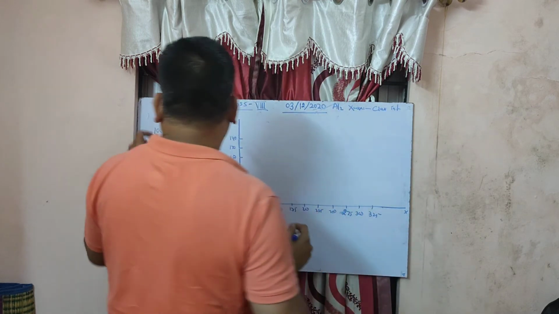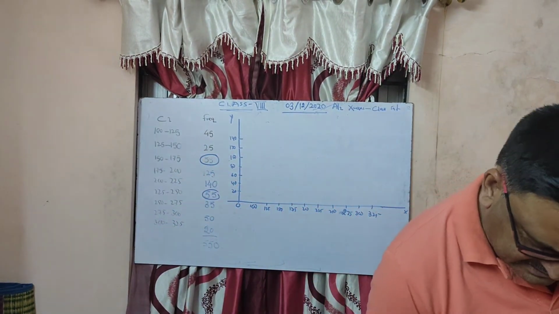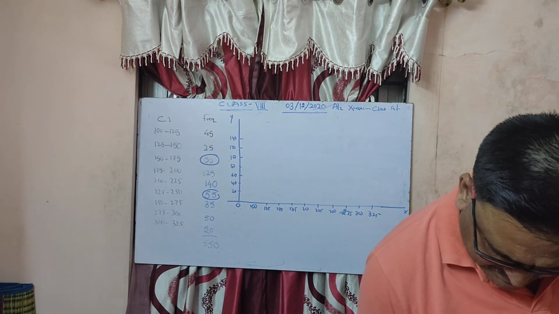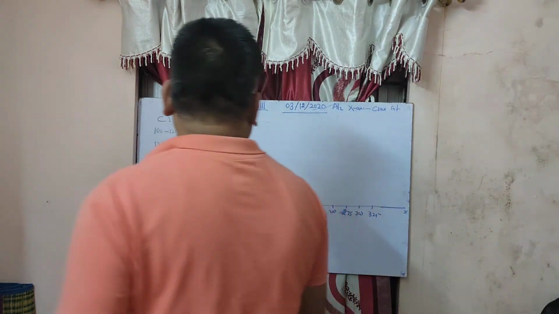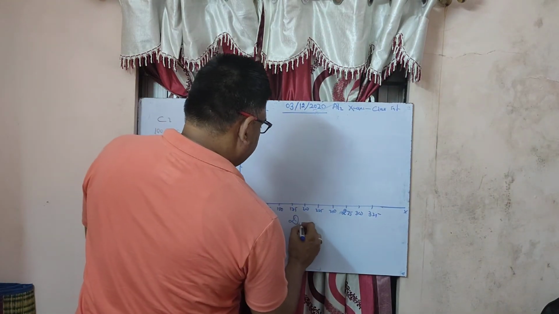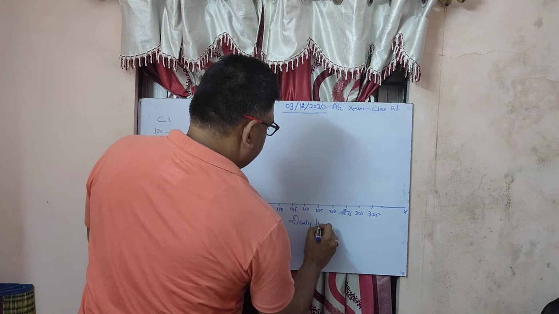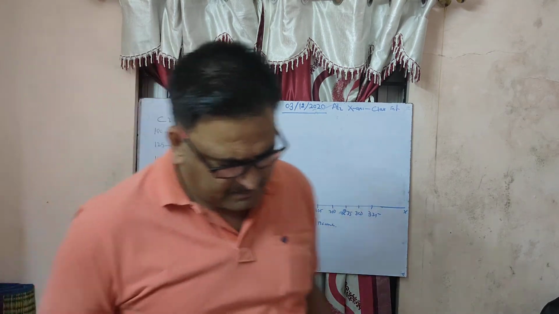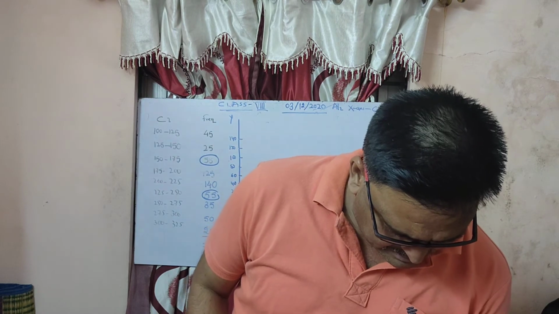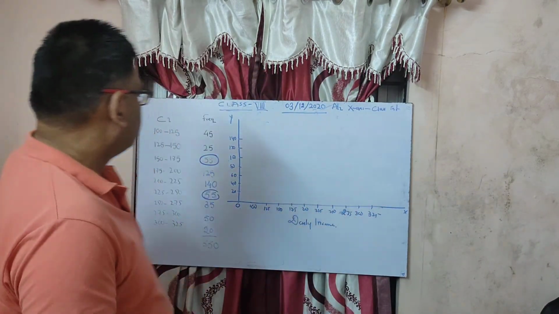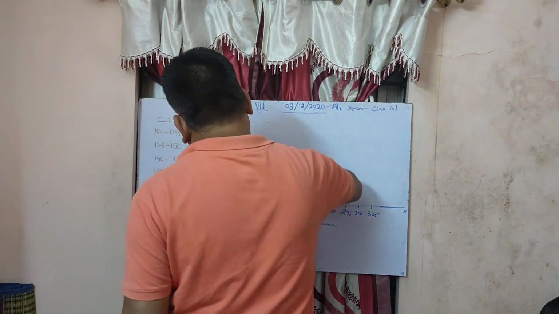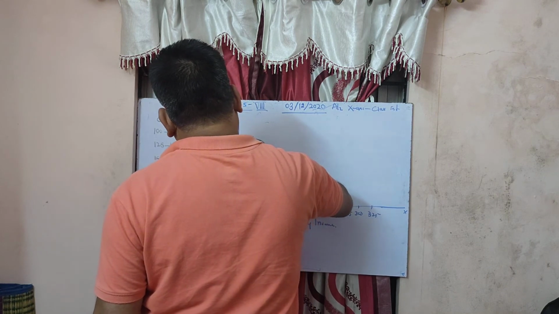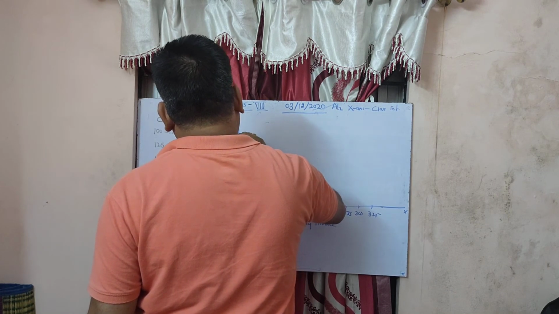So what are these things? These are daily incomes. You can write here daily income. And what are these? Number of workers. You have to write here number of workers.